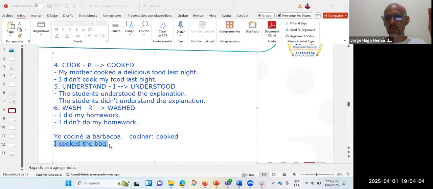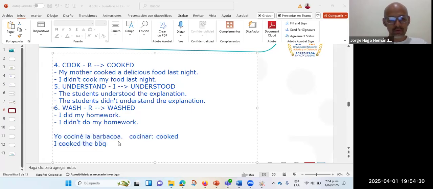But at the beginning, when we are learning, el proceso que se realiza es ese, ¿sí? Entonces es un proceso más largo que toma más tiempo. Por eso les digo a ustedes, hagan una oración. Entonces se van a empezar a decir, bueno, yo se dice así, cocinar se dice así, barbacoa se dice así. Entonces la idea es que se vuelva algo más mecánico. I cooked the barbecue, ¿no?